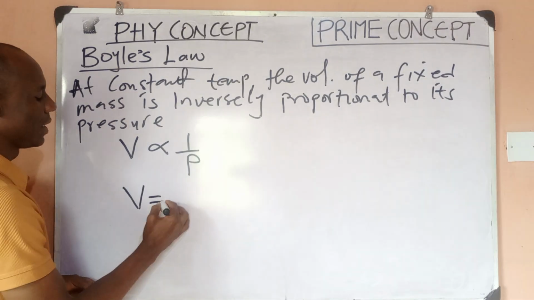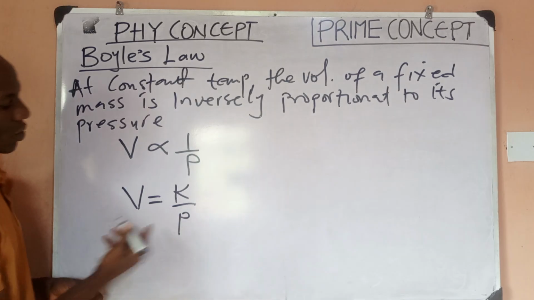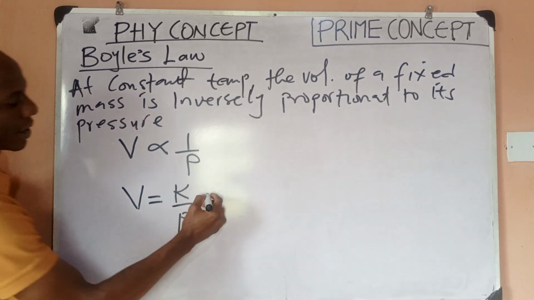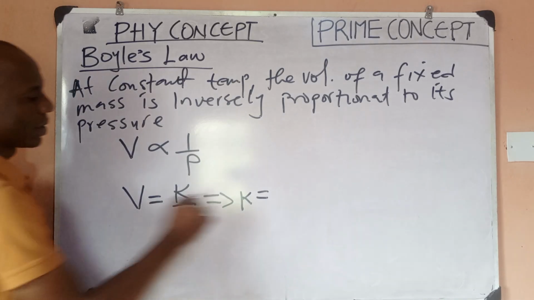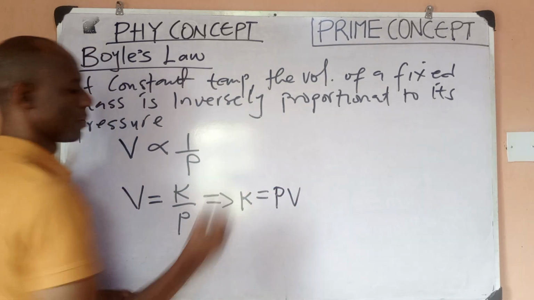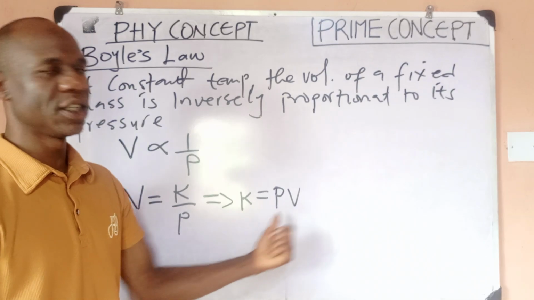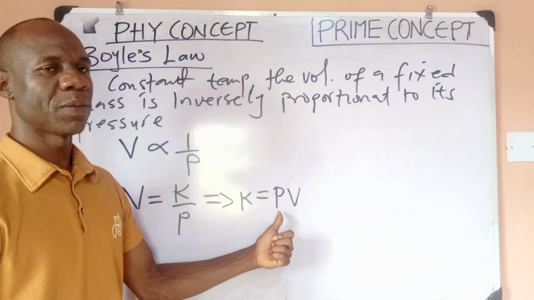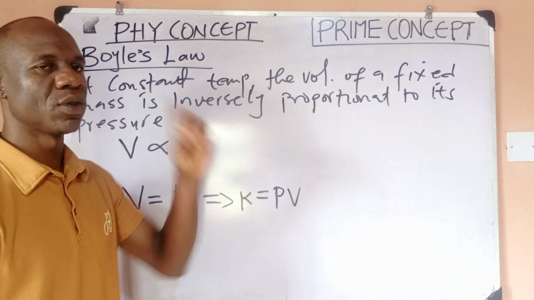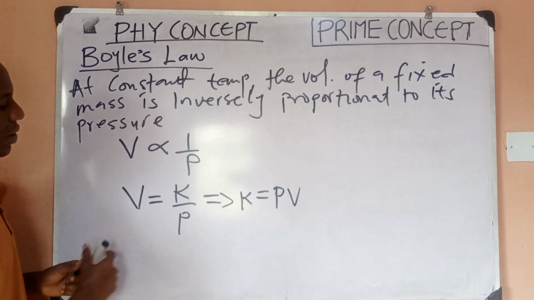So we'll have that V is equal to K over P. When I cross multiply to make K the subject, K becomes PV. So the product PV is a constant. This means whenever you multiply pressure and volume, the number would always be fixed, a constant, no matter what you have for P and V.